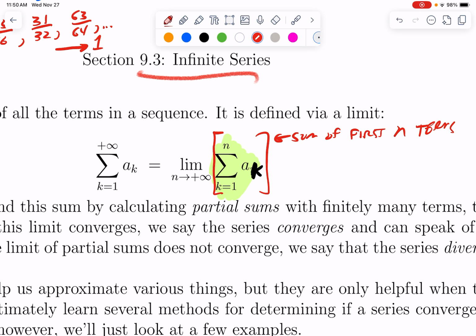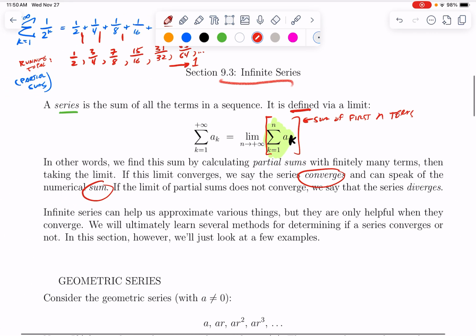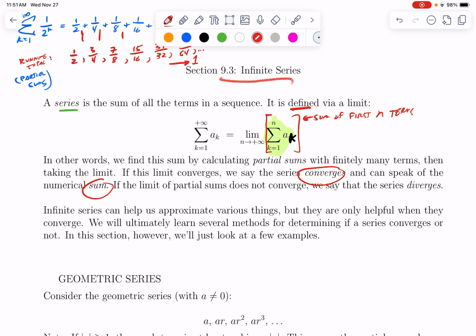So if the running totals are getting closer and closer and closer to some specific number, by definition, we say that that is the sum of the series. So we can talk about the sum, and we can say the series converges. So the series converges if that limit of partial sums, if that sequence of partial sums has a limit. Otherwise, we say the series diverges.